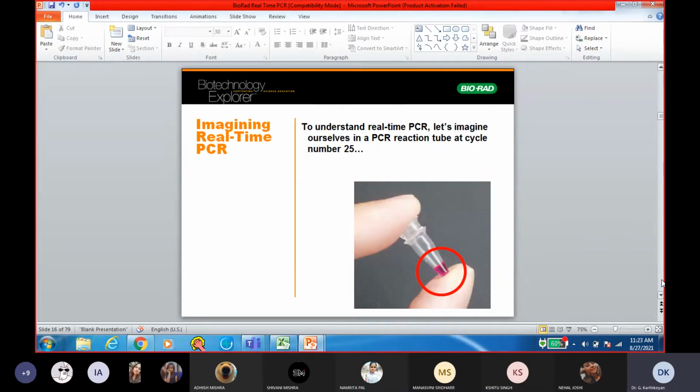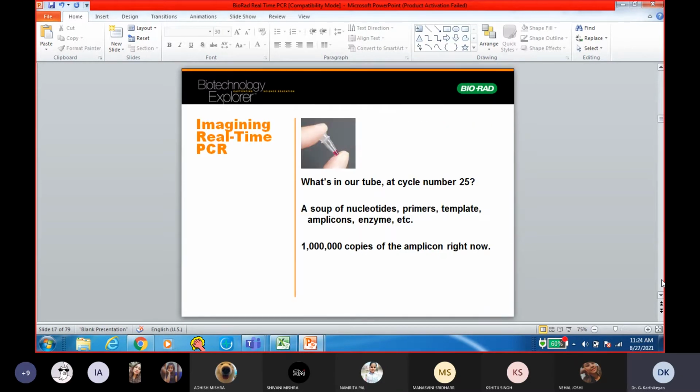So to understand real-time PCR, let's imagine that we are in PCR cycle number 25. In our PCR tube, you will have nucleotides, forward primer, reverse primer, and the template DNA.